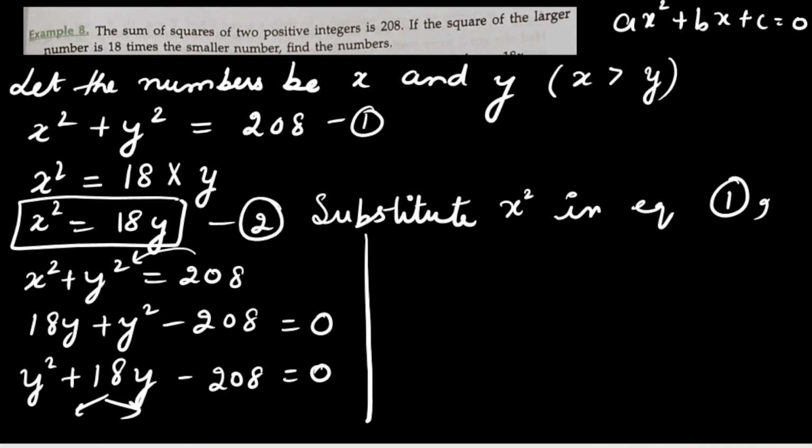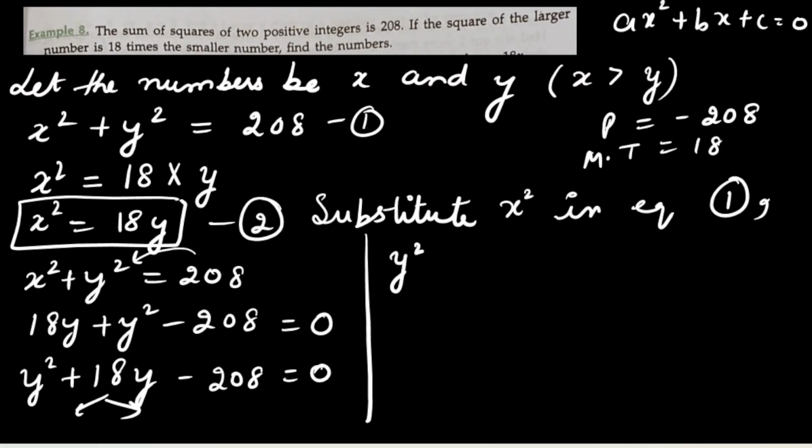The product of first and last is minus 208 and the middle term is 18. It's already 6 o'clock. Tell me the factors fast. Plus 26 and minus 8.